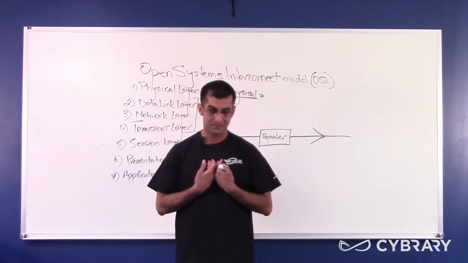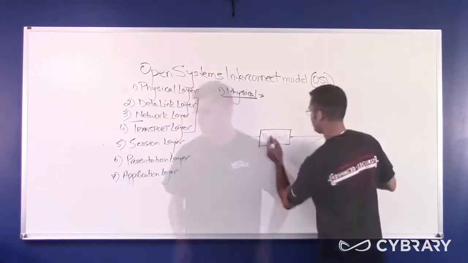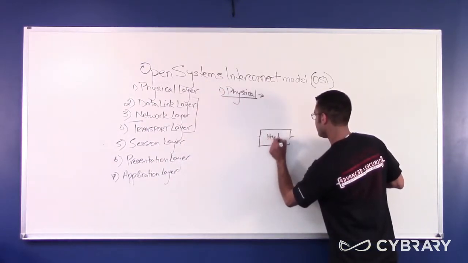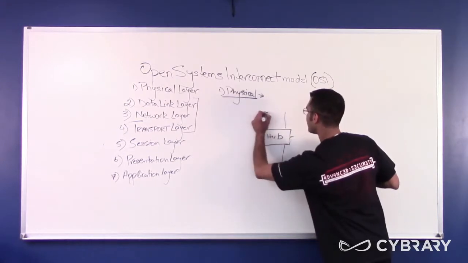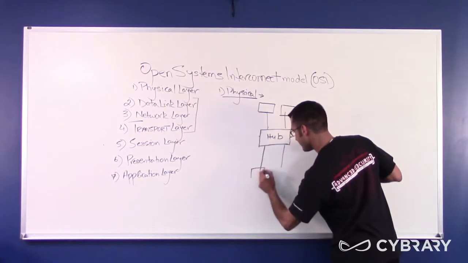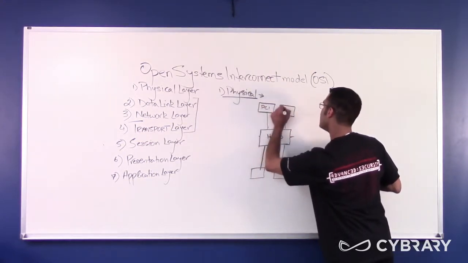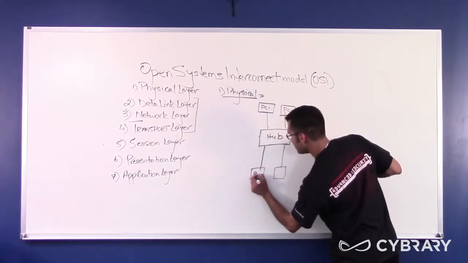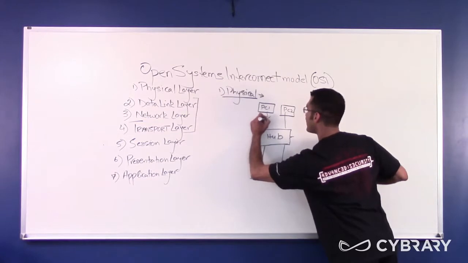Now, what is a hub? A hub is nothing more than a multi-port repeater. If we change the name of this device from a repeater to a hub, and we connect 3 or 4 PCs to it, these little boxes represent PCs, and let's say this is PC1, PC2, PC3, and PC4, and PC1 sends a transmission.